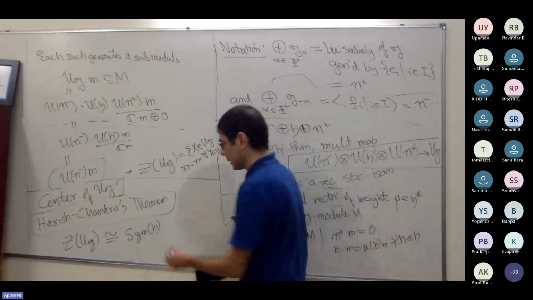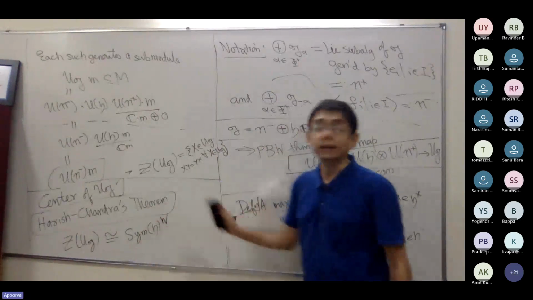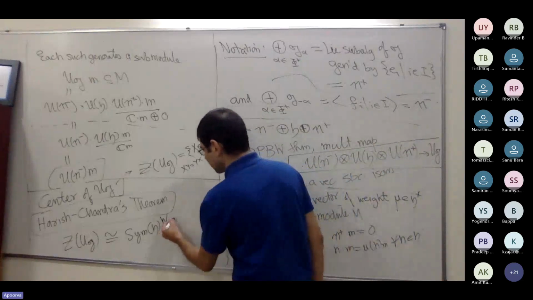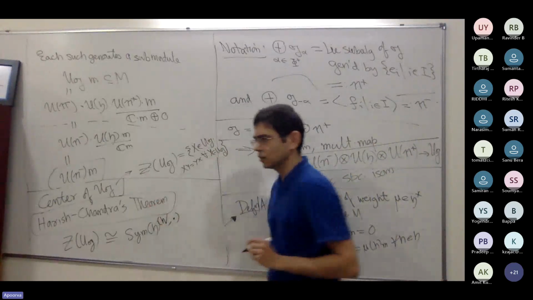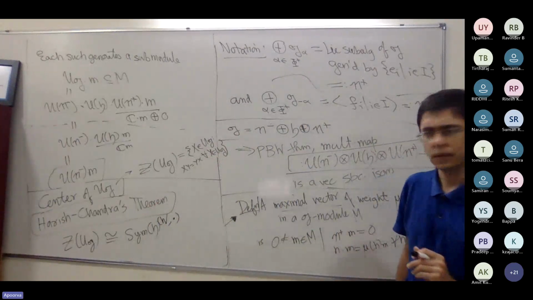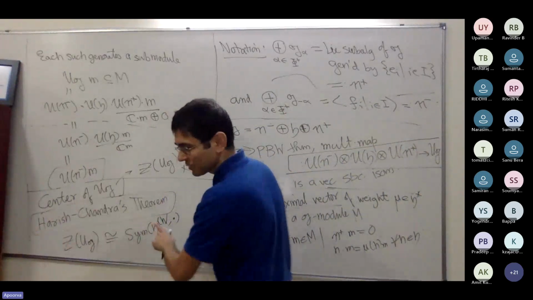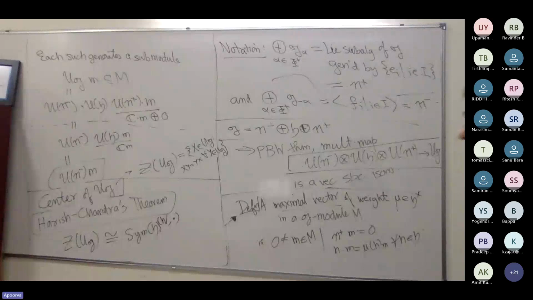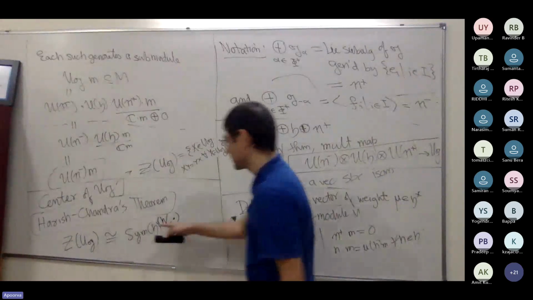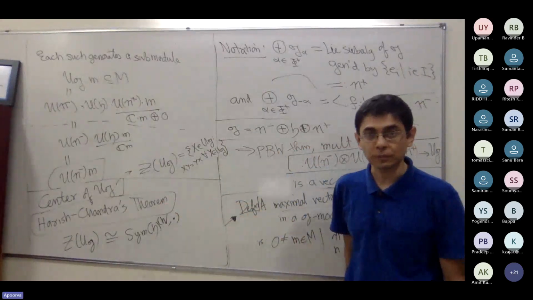So the only thing probably I should say is that this action is not the usual action, but a twisted action. So okay, so this is a twisted action, and this is the actual isomorphism.